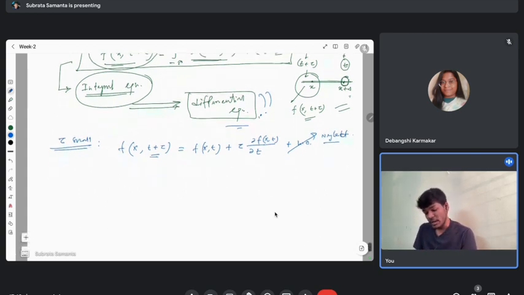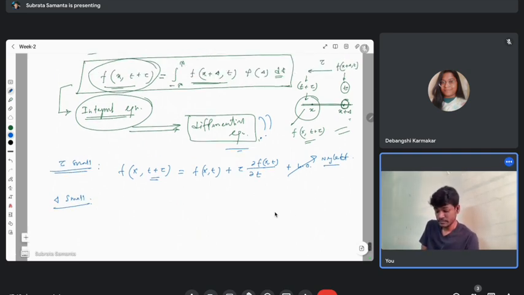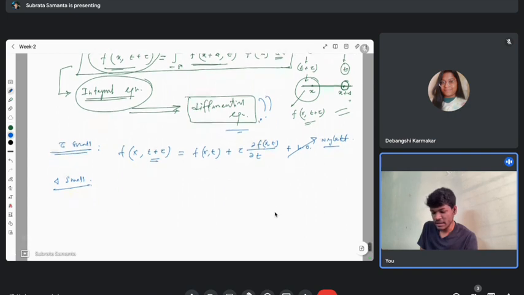Similarly, again we take delta to be small. Here is the assumption: delta can take any value, but suppose we consider delta is small.